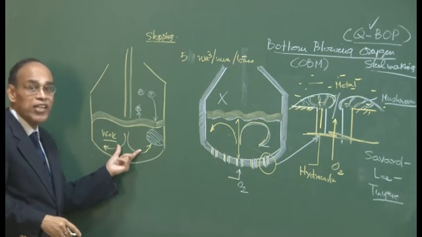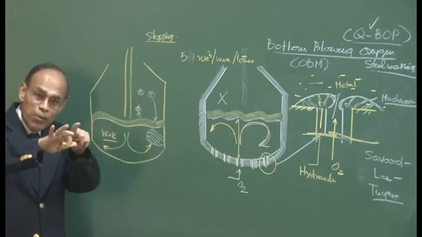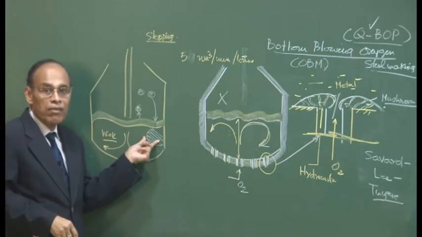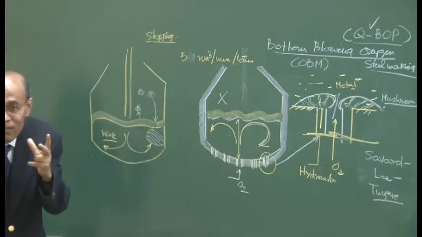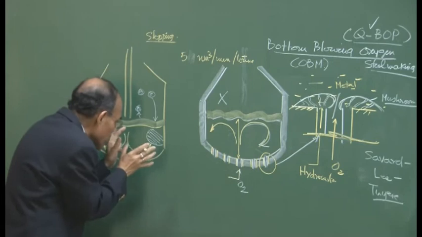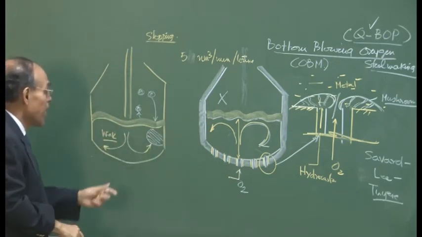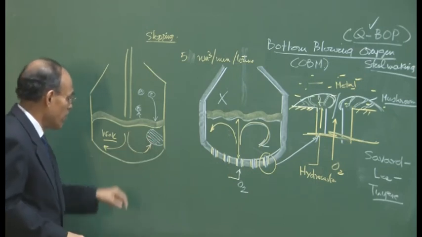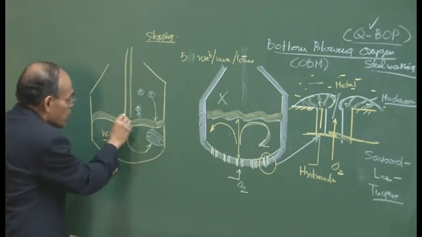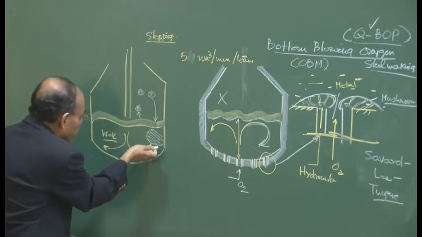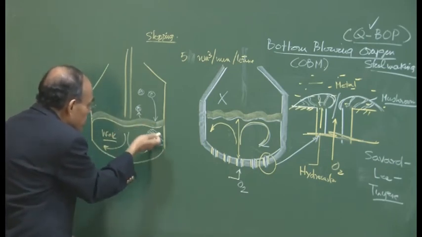Inhomogeneity is high. So, if carbon gets inhomogeneously distributed, and there is a pocket where we have hot metal with rich carbon content, and it gets exposed, because it is lighter, it is floating up, so there is a good chance of interacting with oxygen.